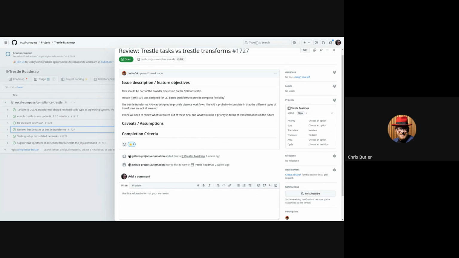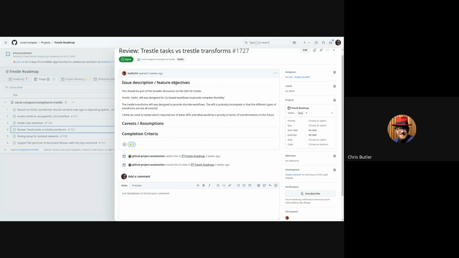From a transformation perspective, it's really just Trestle running an arbitrary piece of code. It does limit how you can have input configuration, primarily to some configuration files, but the tasks are there, they're discrete workflows which you can run.